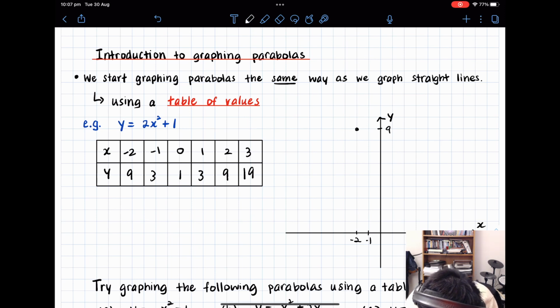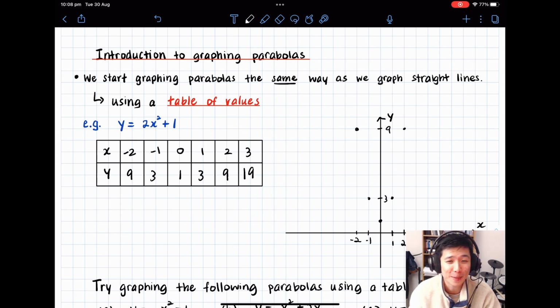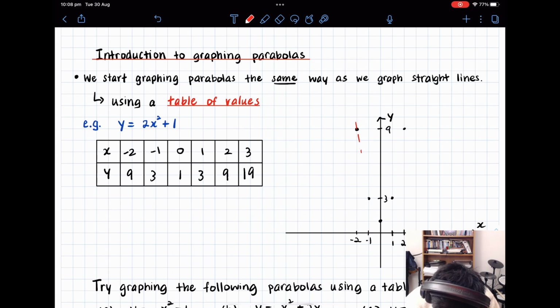And it looks like I've got 1, 3. Oh, I forgot 0, 1. So 0, 1 is here. And 2, 9. I'm not going to graph the last one because it's off my axes, so I won't be able to graph it. But hopefully you can see that it forms a really skinny parabola, not like the fat ones that I drew earlier.